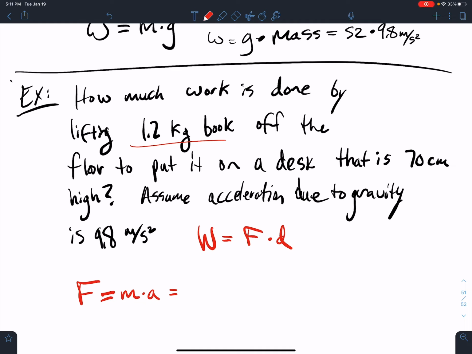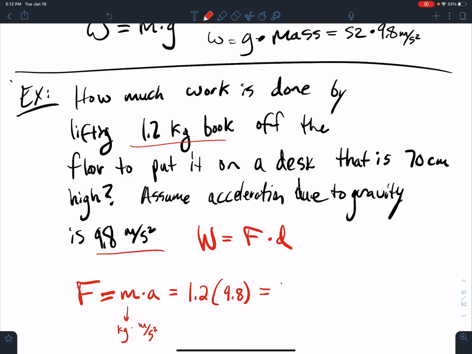All right, so remember, force has units of kilograms times meters per second squared, right? Okay, so my force here, the mass 1.2 times the 9.8 assumed acceleration gets me what?